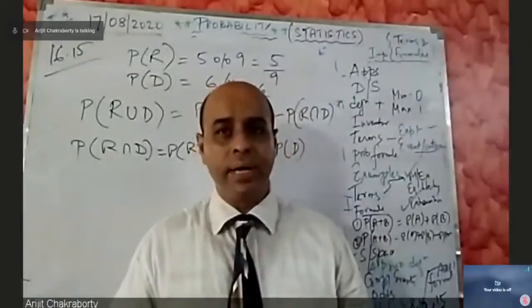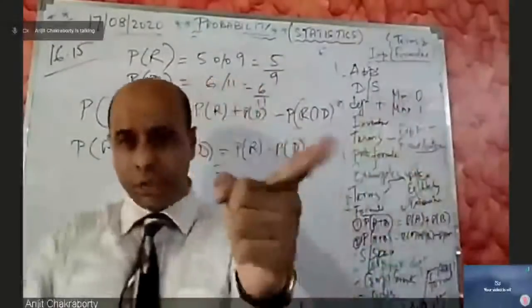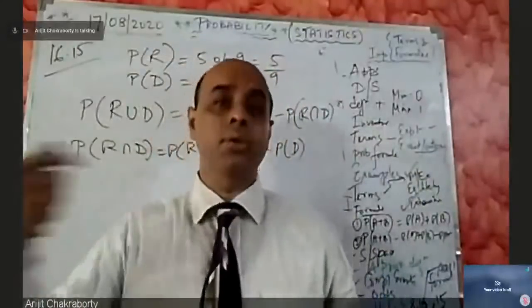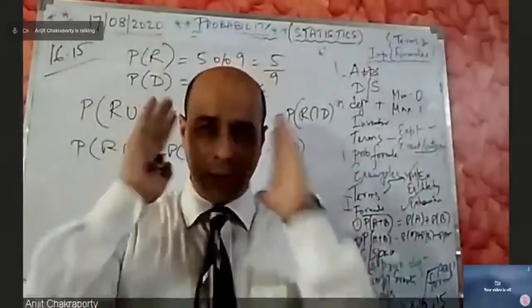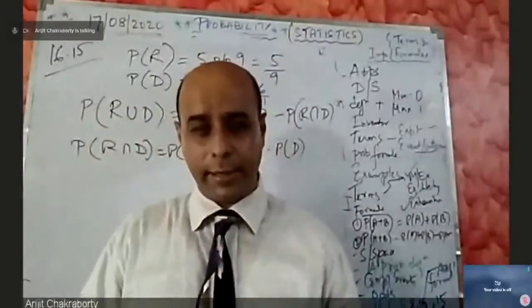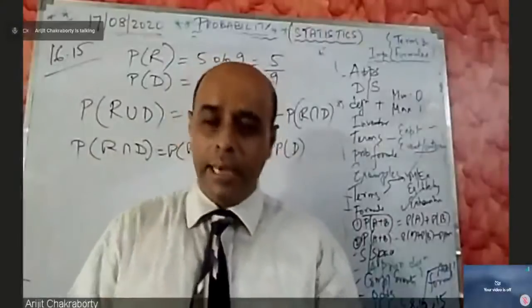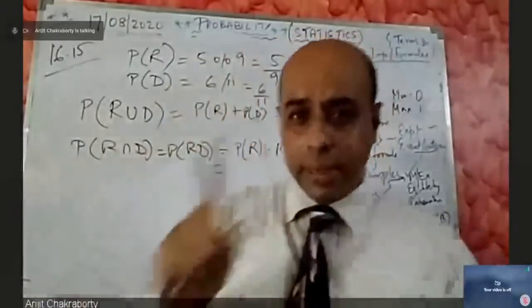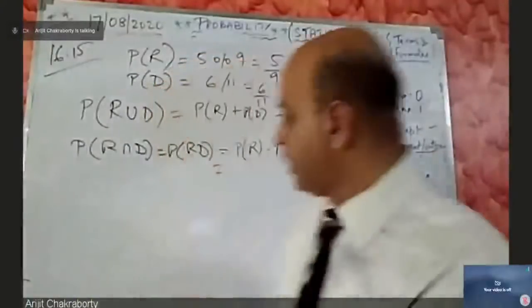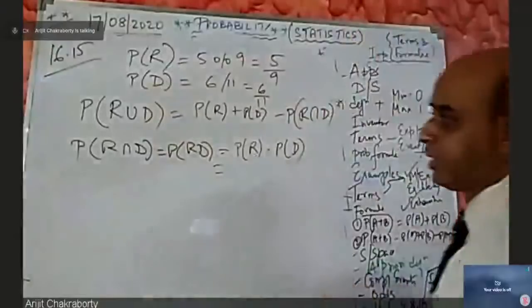They can think independently and shoot. Rupesh will not be influenced by David, and David is also not going to be influenced by Rupesh. They will apply their aim, their concentration, and hit the target. So Rupesh and David hitting the target are independent. If they are independent, the formula is P(R) into P(D).